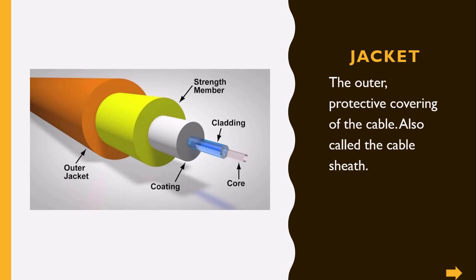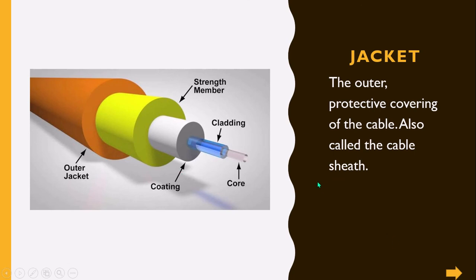All indoor fiber optic cables must be marked and installed properly for their intended use. The outer jacket is very important in order to protect the cable from damage.